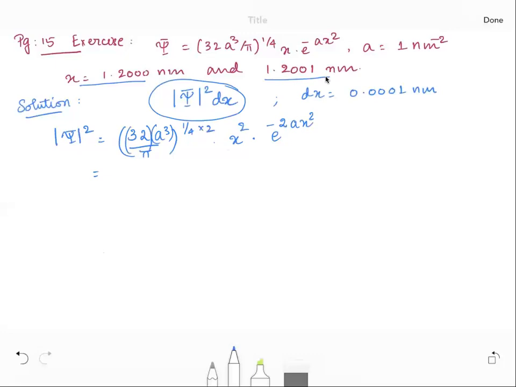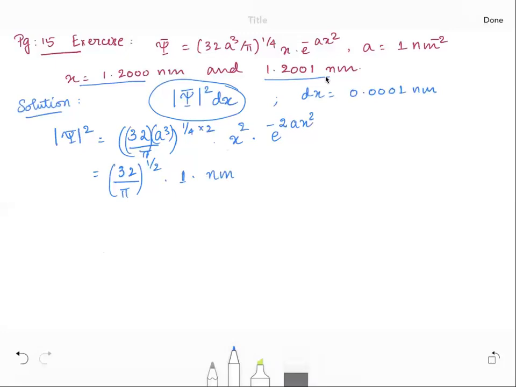In that case, it would be 32 by pi to the power half times 1, the value 1, you cube it, you take the square root, it's going to be 1.